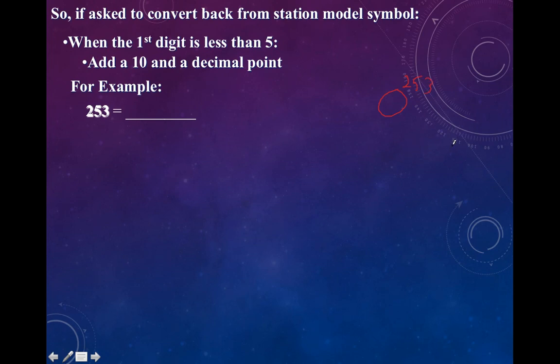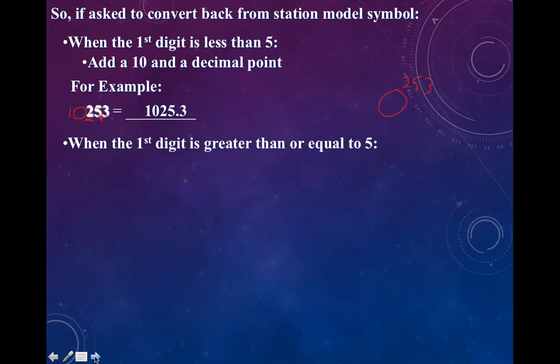So they're going to want the real barometric air pressure. You're going to look at the first digit from the station model. And here's the rule. If the first digit is less than 5, so 0, 1, 2, 3, 4, what you do is add a 10 to the number and put a decimal point before the last number. So it would be 1025.3.